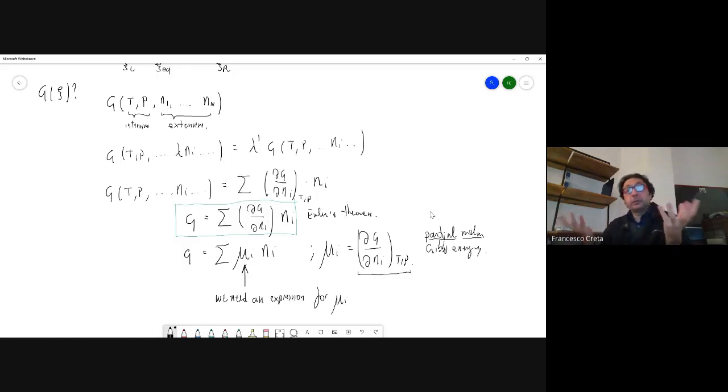So these two concepts are different. The partial molar concept and the molar concept are different because in the molar concept, you're measuring, for example, the Gibbs energy per unit mole of the mixture. If you take a mole of the mixture, you will have essentially all of the species in their right proportion.